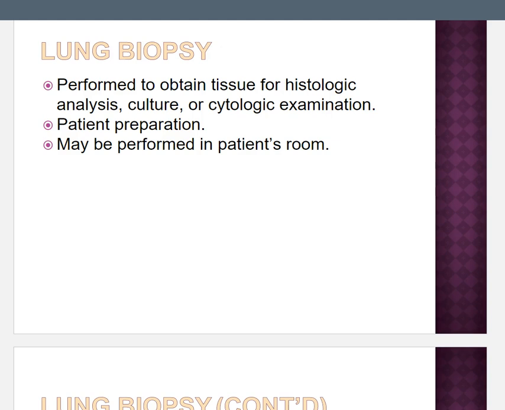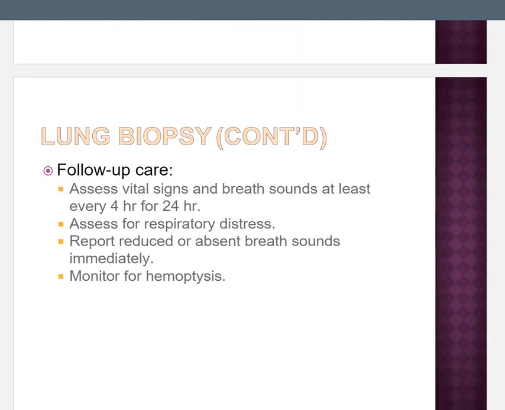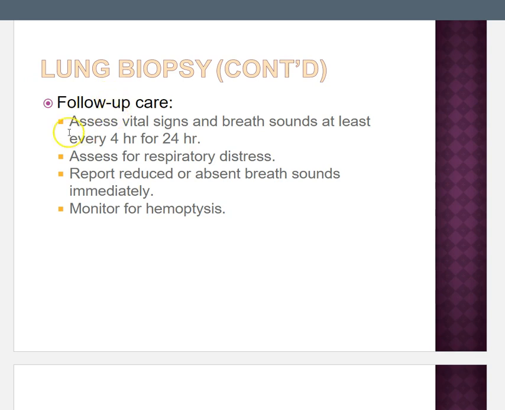So a lot of times this particular exam is done by CT guidance. And obviously the big complications we're concerned about are respiratory distress because of possible infection, possible bleeding.